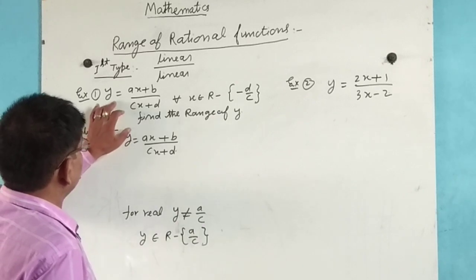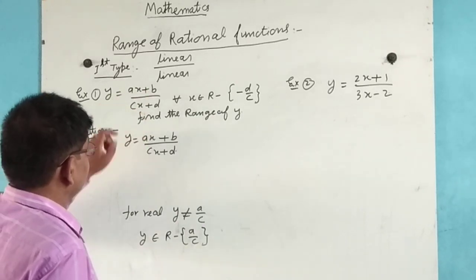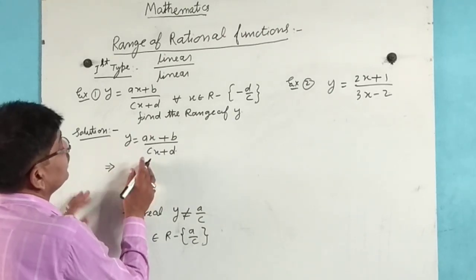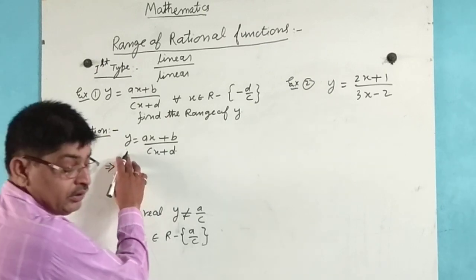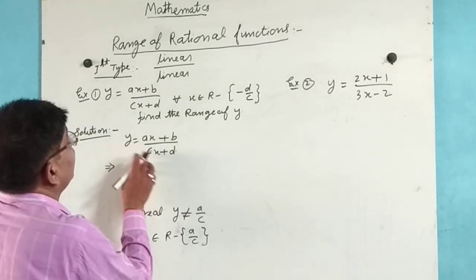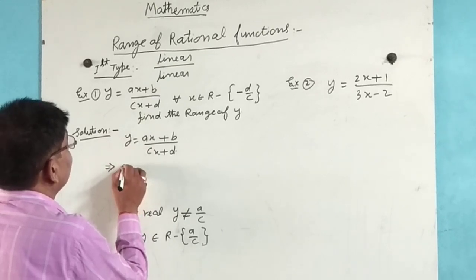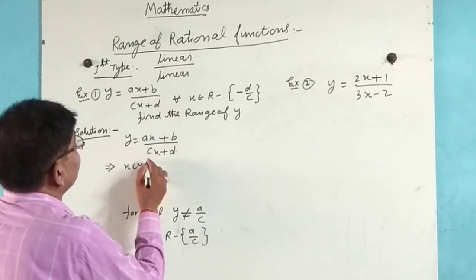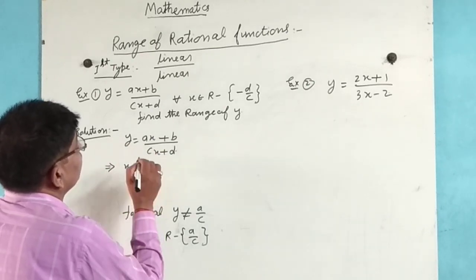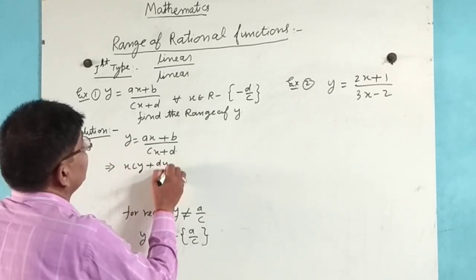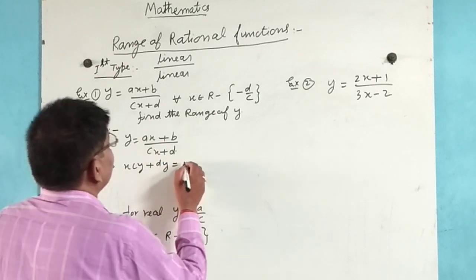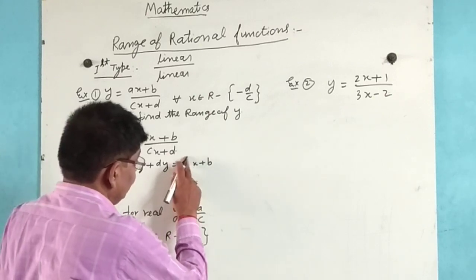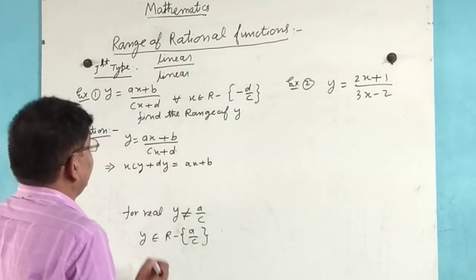Here, given y is equal to (ax plus b) by (cx plus d). By cross multiplication, cxy plus dy equal to ax plus b. Now we calculate the value of x.